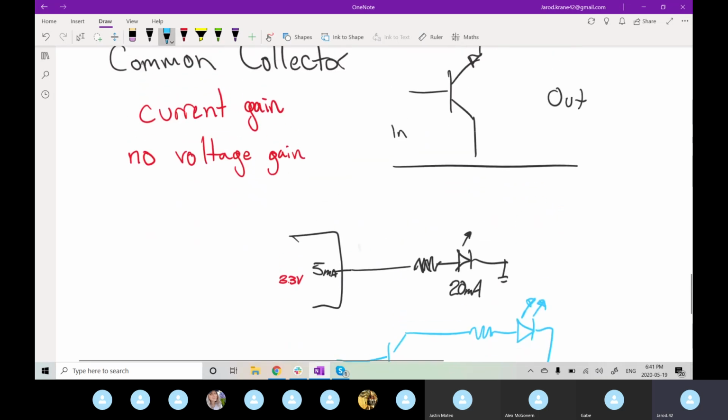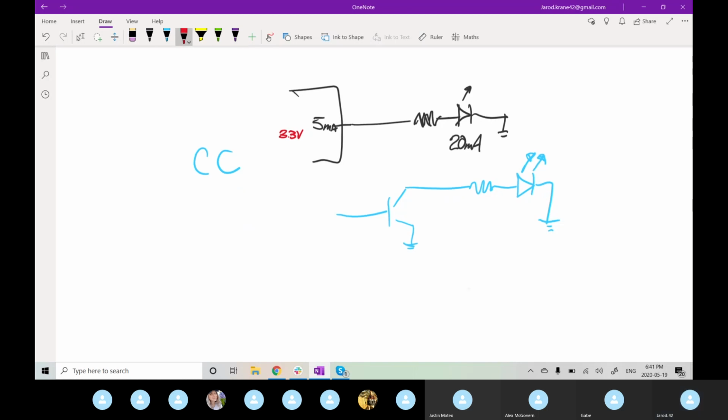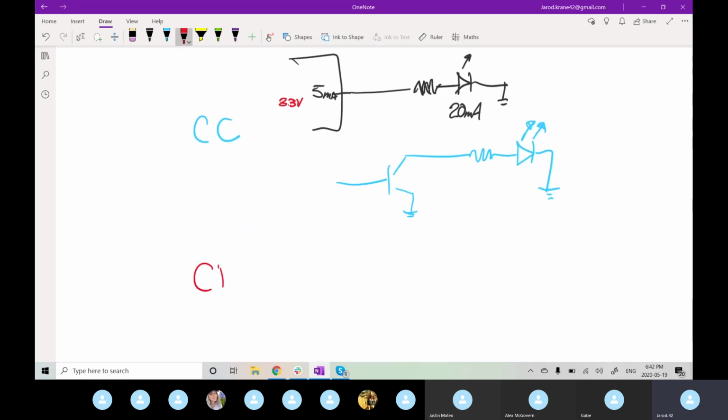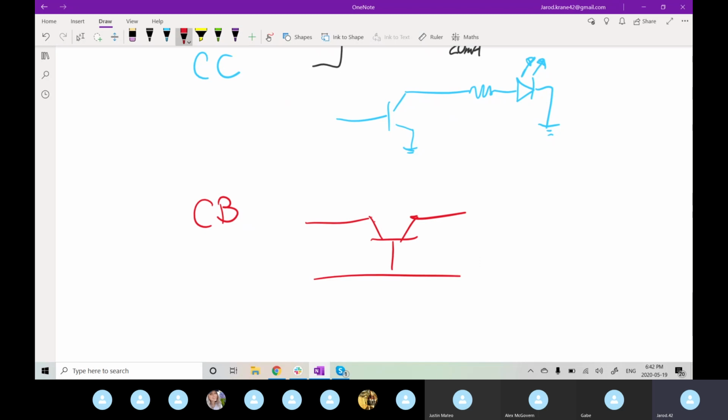That's kind of your CC use, and then a common base use being that it increases voltage but not current. So this is particularly useful when we're using it on an AC signal.